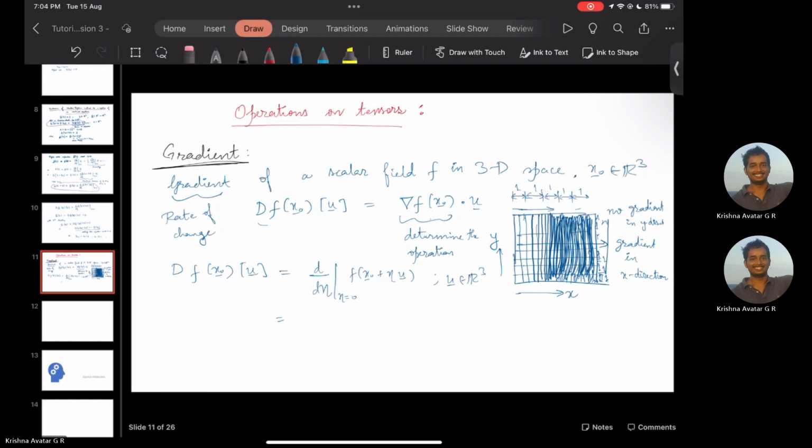Before that, we need to have partial derivatives and all that.